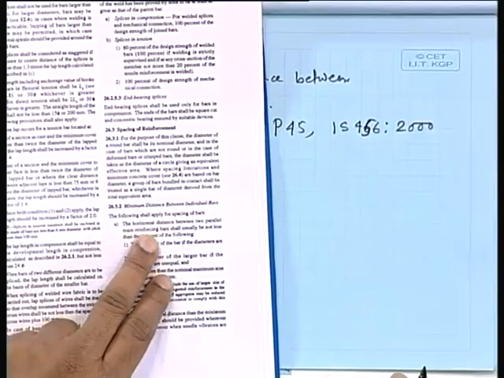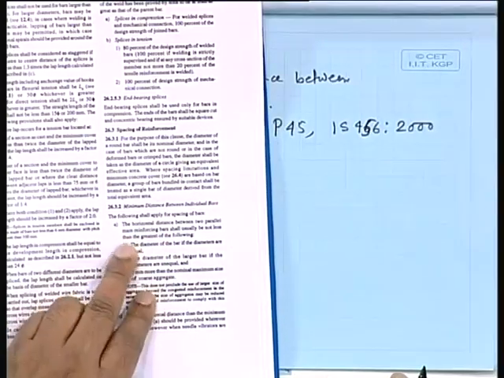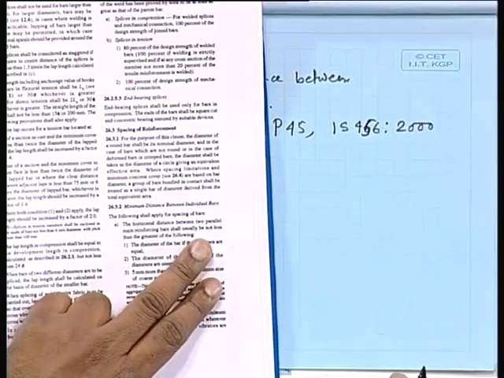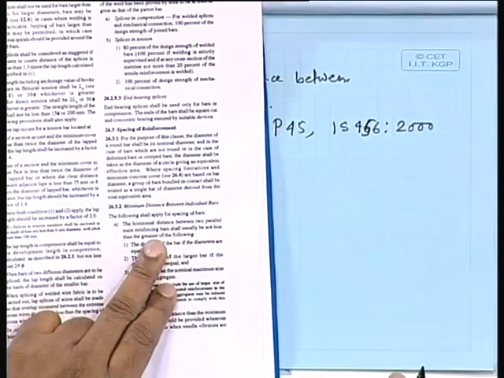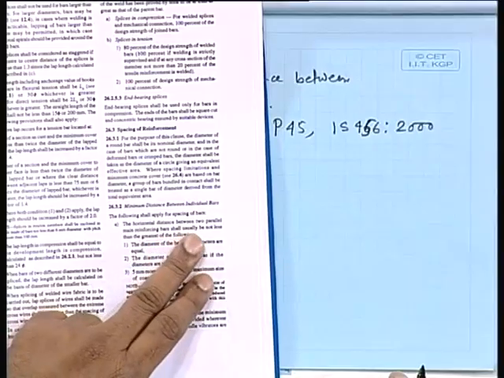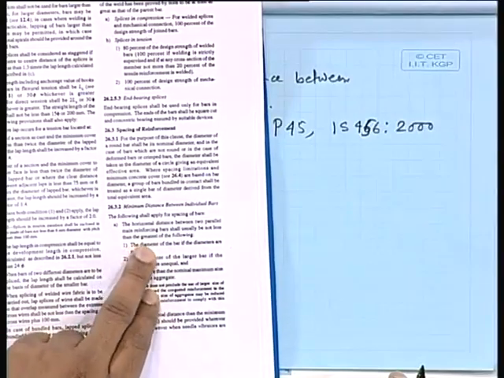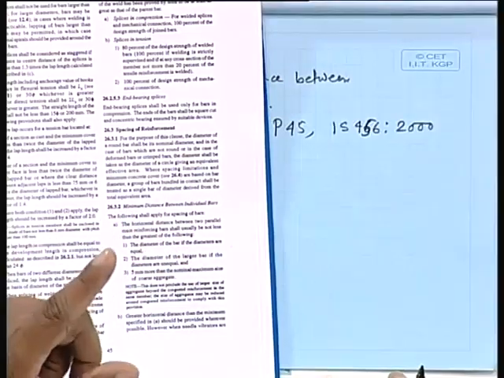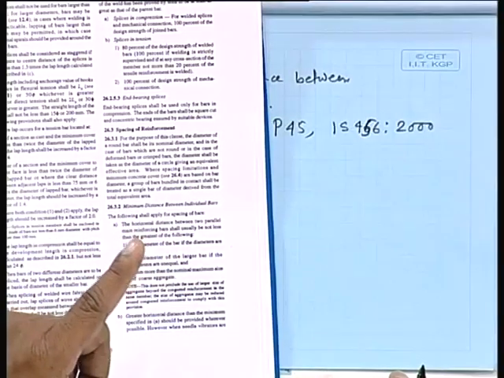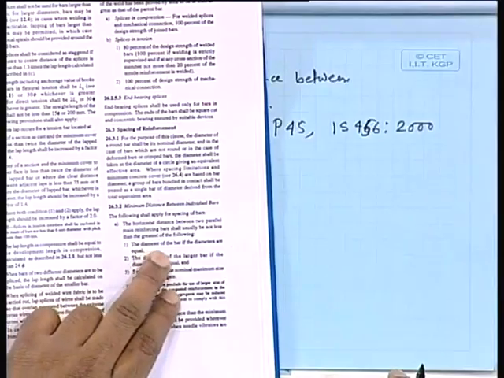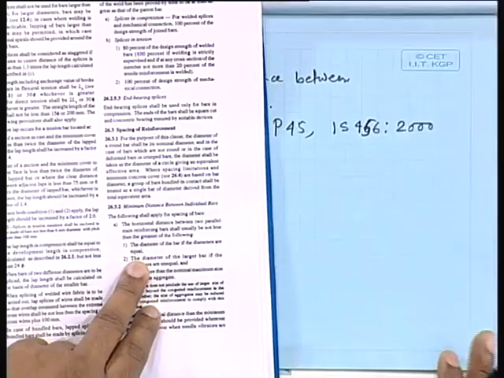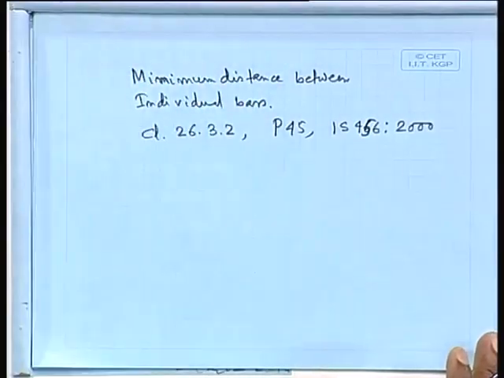A, the horizontal distance between two parallel main reinforcing bars shall usually be not less than, please note, shall usually be not less than the greatest of the following. So, whatever we shall get, out of that we shall select the maximum one, and that should not be less than that value. So, the diameter of the bar, if the diameters are equal, in this case diameters are equal.